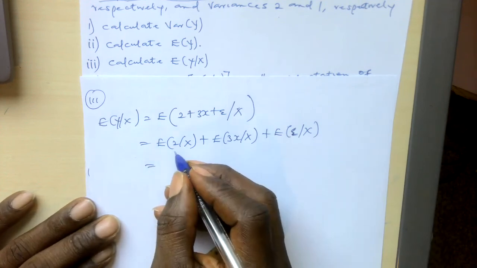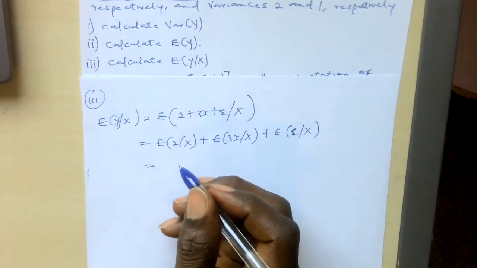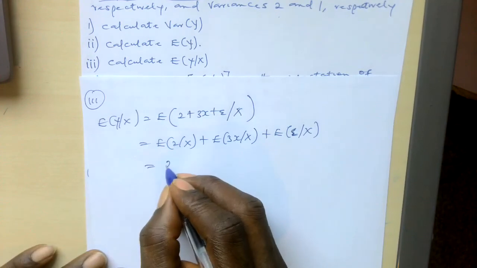So the expected value of 2, of course, is a constant, so it's 2.